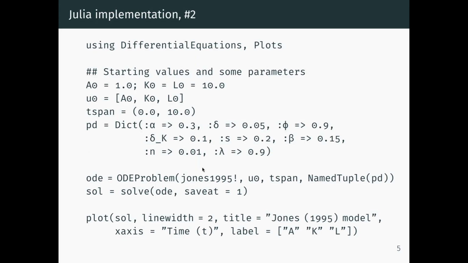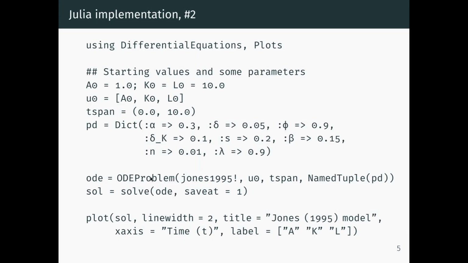And in this line we define the parameters of our model. So starting with alpha, the output elasticity of capital with a value of 0.3, over to the constant share of saving, or the constant savings rate at 0.2, and at the end lambda, or duplication parameter with a value of 0.9, and in between you see the rest.